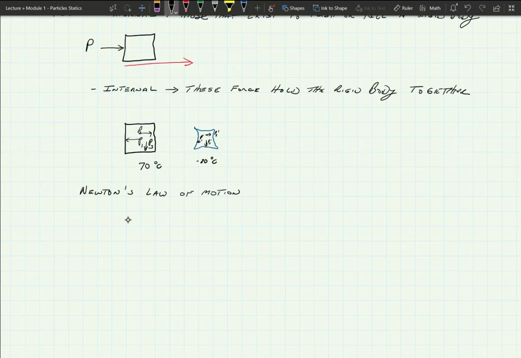Okay, so for an object to remain at rest, there must be an equal and opposite force.